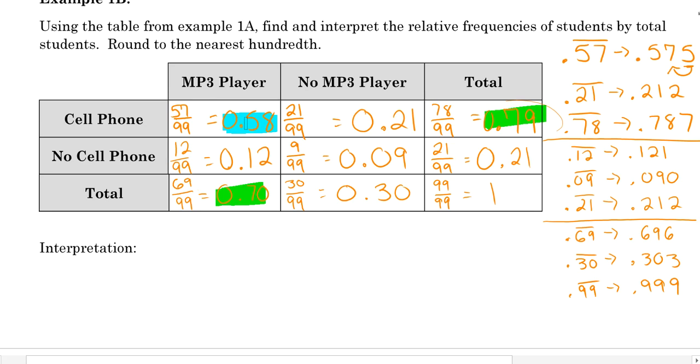I could say less than 10% of students own neither device. So there's lots of different things that you can say. I want you to go ahead and write down one of the things that you would interpret from that table with the relative frequencies before we move on.